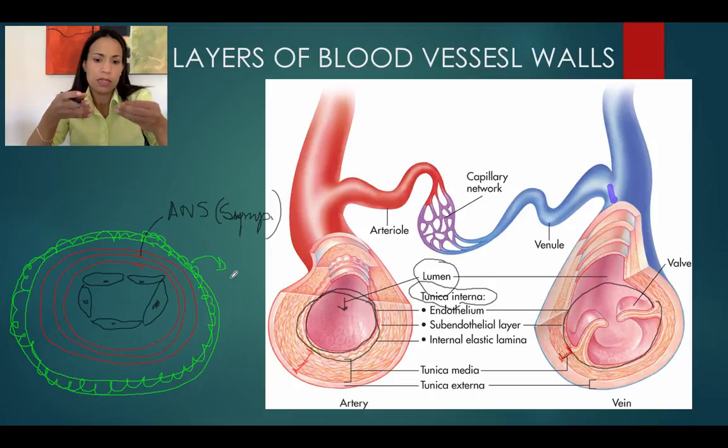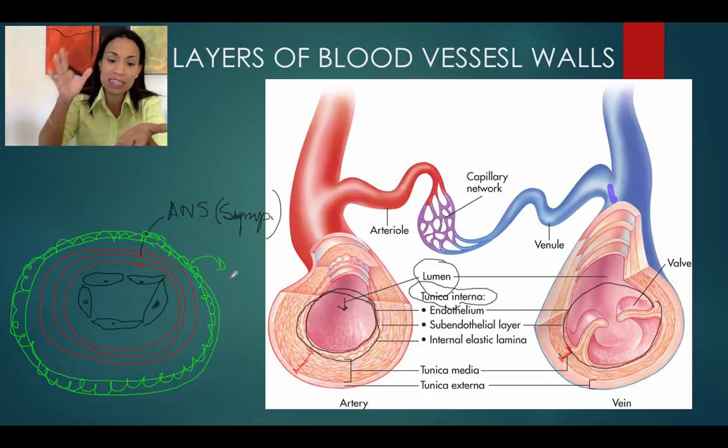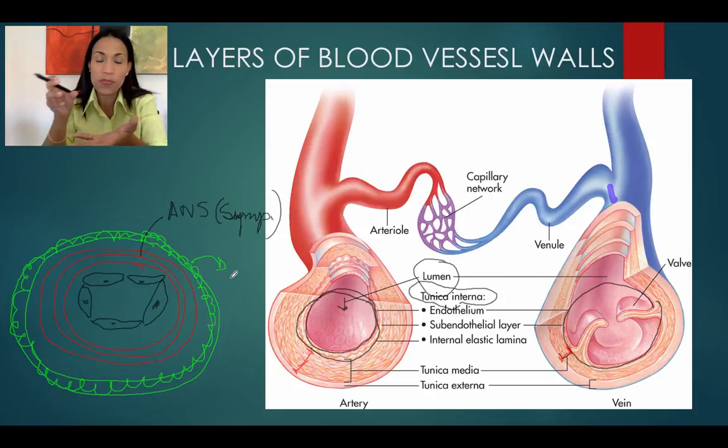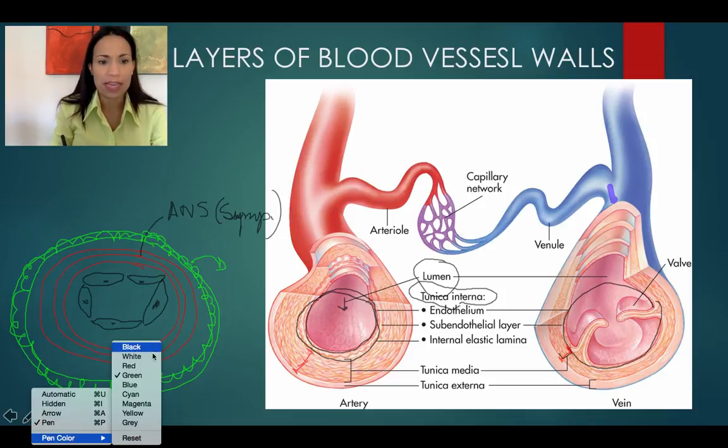For example, imagine the chicken, when you're cleaning a raw chicken, and you see some blood vessels with a little bit of connective tissue surrounding, and that anchors the blood vessel to the surface of the muscle, let's say. That's one of the functions of this tunica externa.